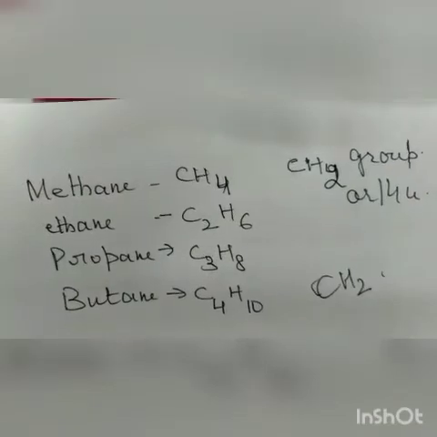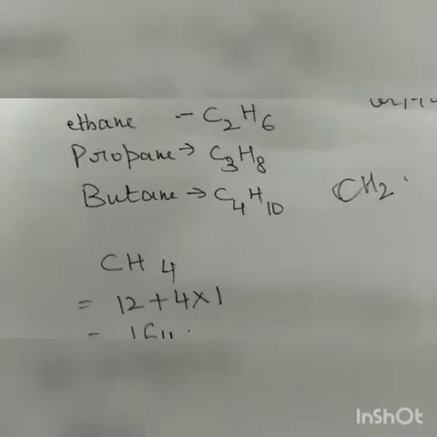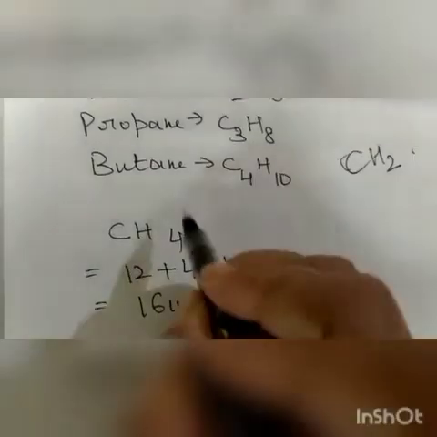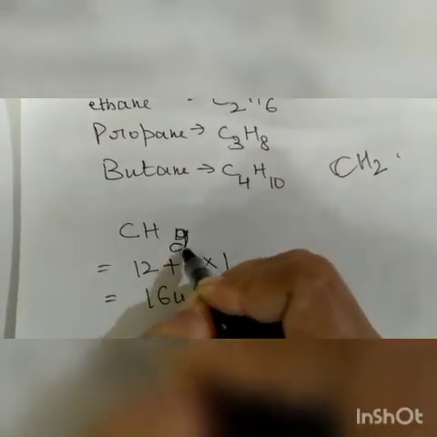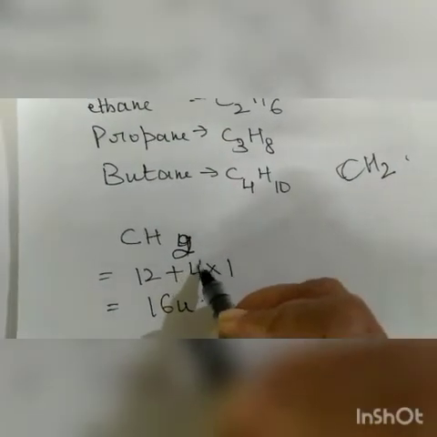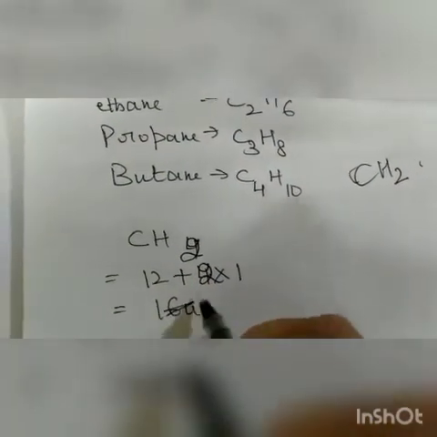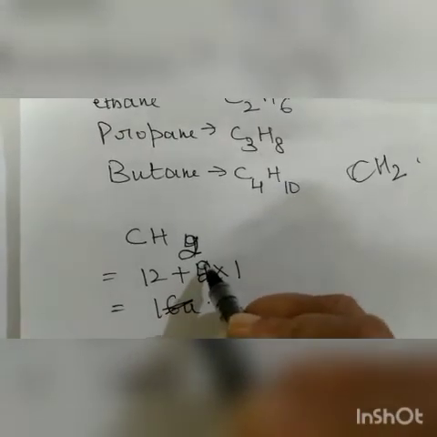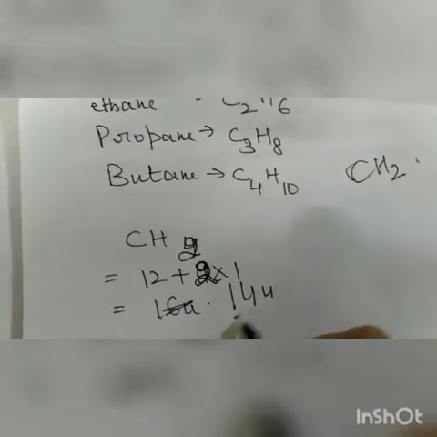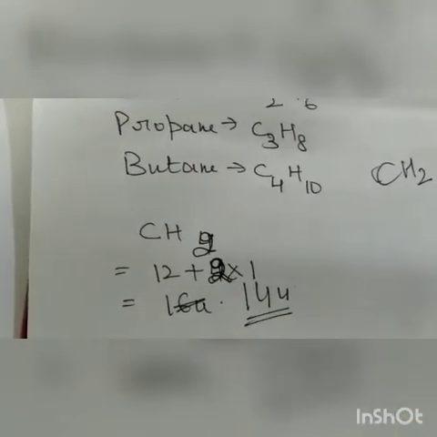Here I have written CH4, and the difference is a CH2 group or 14 mass units. What do you mean by 14 atomic mass units? Just check the molecular mass of the CH2 group. 12 plus 2 is 14 units. Understood?